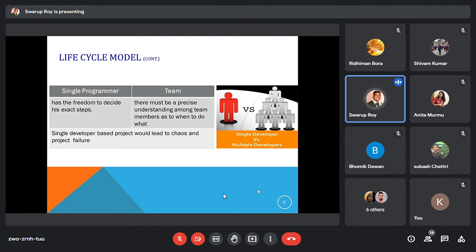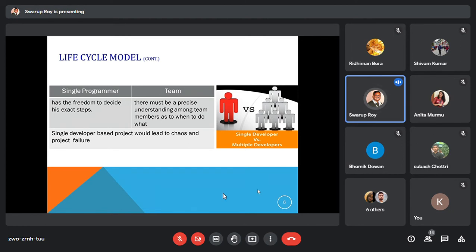Once you have a team, you are more disciplined and more systematic. You can have good communication with your team, and later on you'll observe that teams are organized in a hierarchical fashion, starting with the project manager, then project leaders, and among them a few programmers or coders.